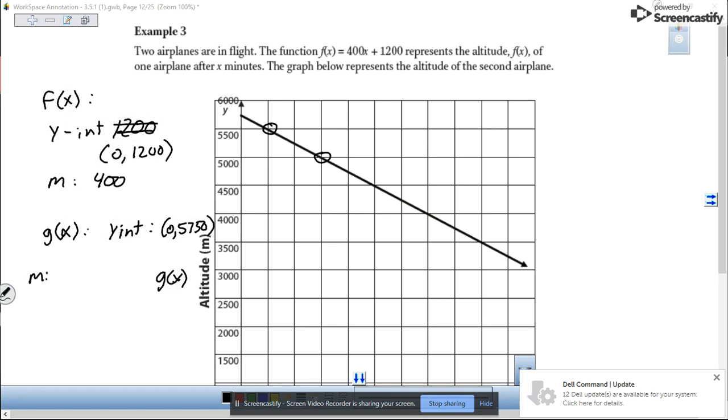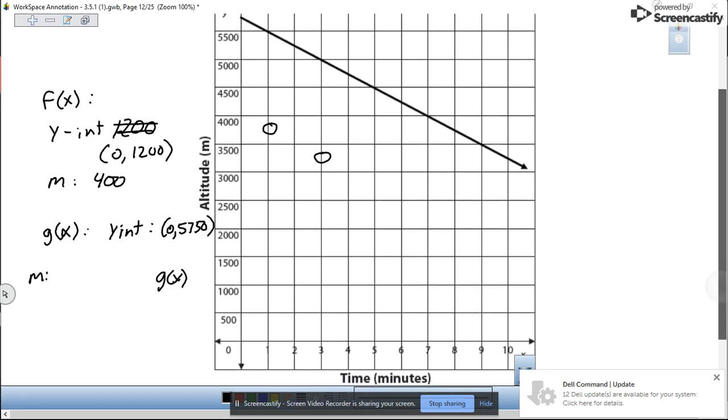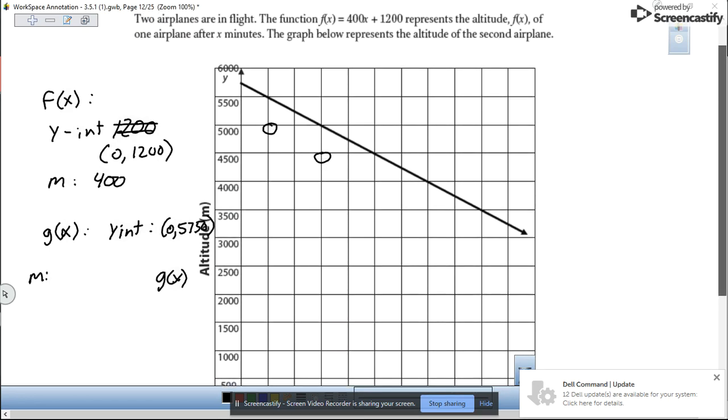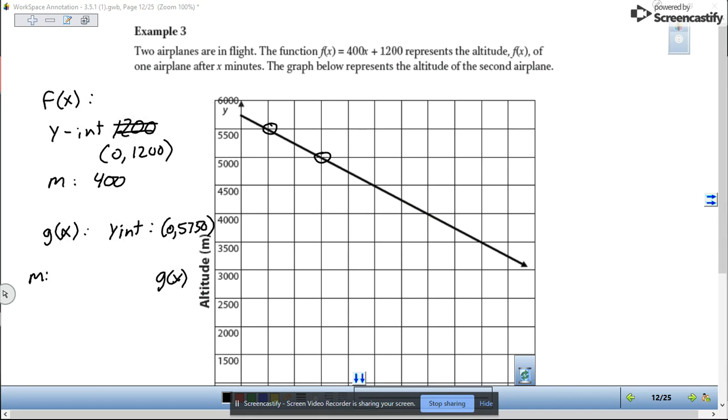So m for this would be, you can't really see it, scroll down a little bit. (3, 5,000).